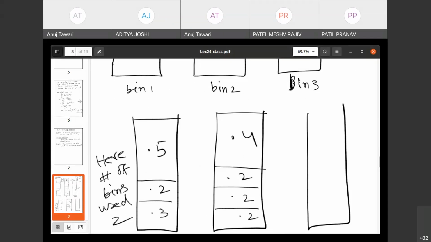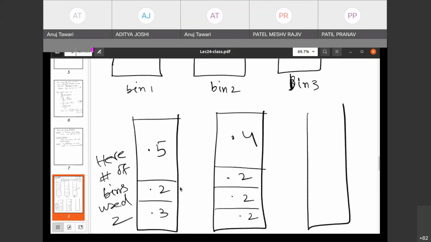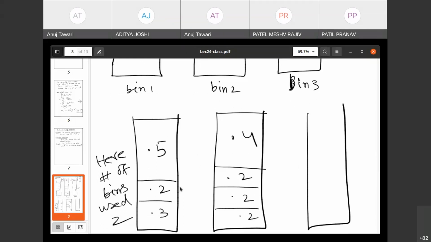So what strategy will you use to get this particular arrangement? Okay, so these are our initial weights, and we want some strategy to find this.